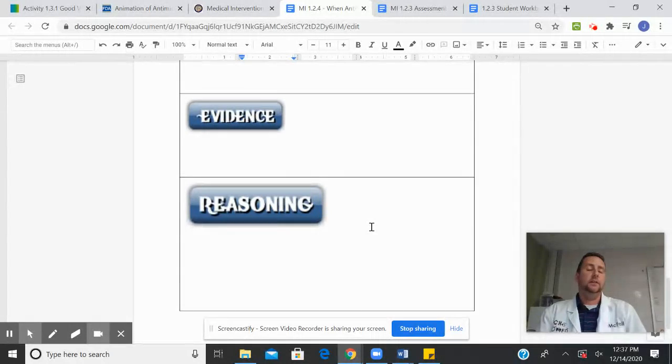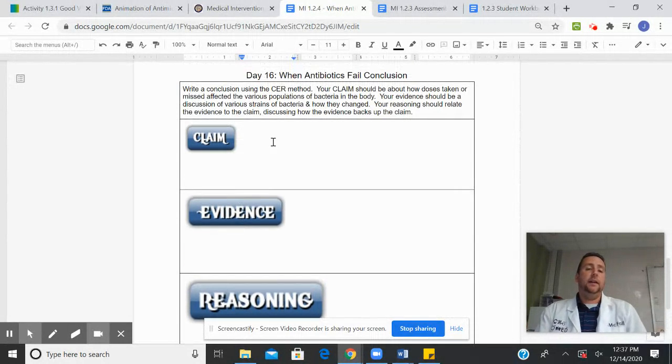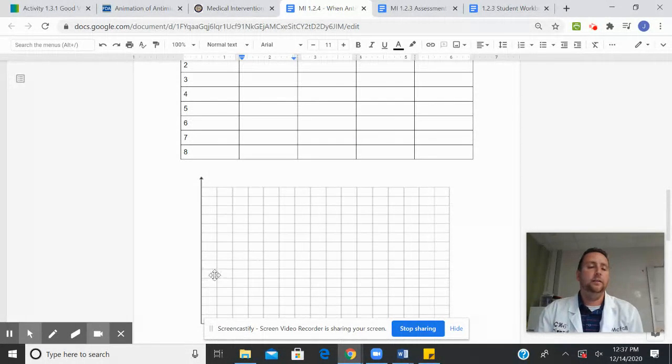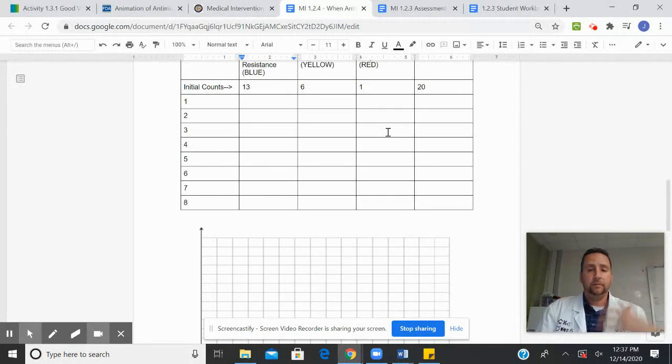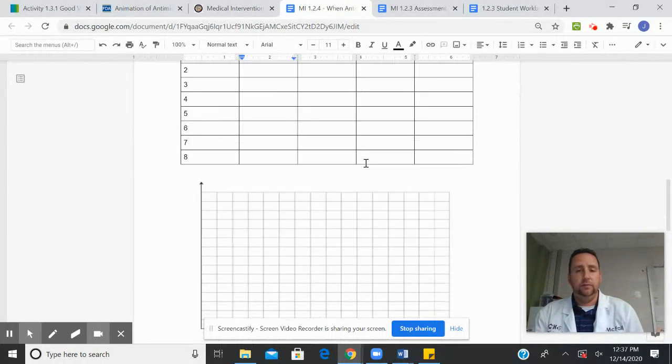So for instance, you might say, I've claimed that taking the medicine causes the resistant bacteria to increase, the most resistant. Well, does my evidence support that? Well, every time I took the medicine, that should mean that my population of red, or very resistant, bacteria went up.